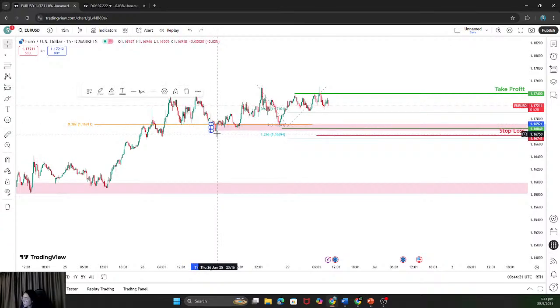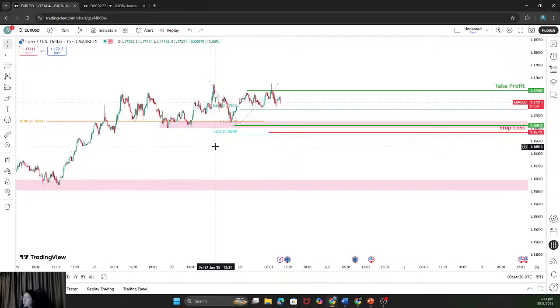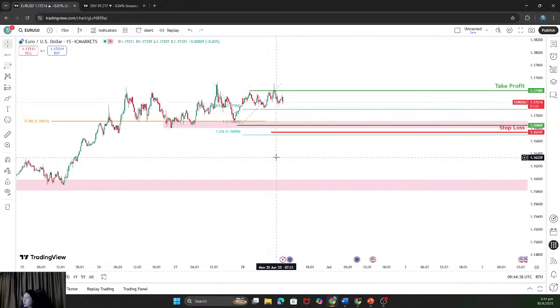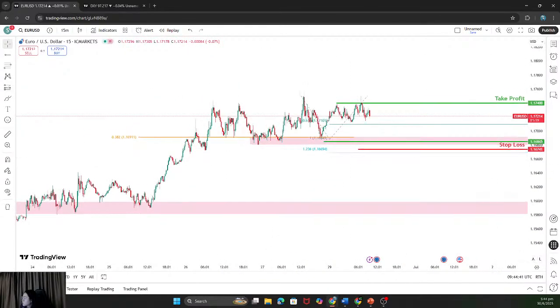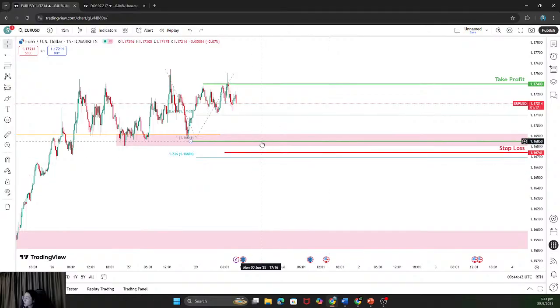Okay, narrowing down the box. Just going to narrow down the box a little. Okay, so this pink box is going to be my entry.